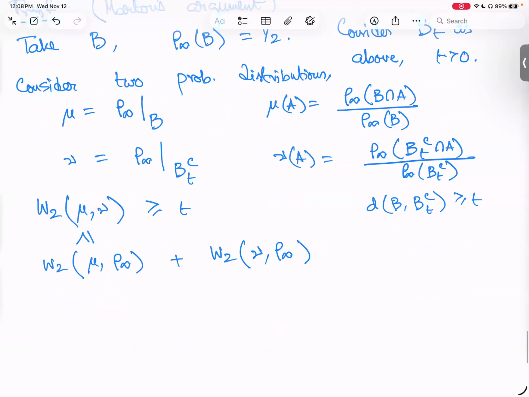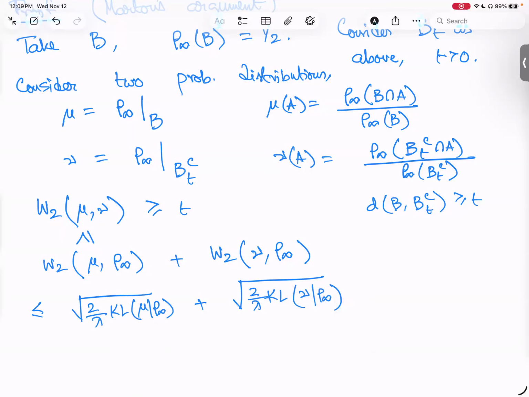And therefore, by the fact that rho infinity satisfies the T2 inequality, this is less than or equal to square root of 2 over lambda, Kullback-Leibler of mu from rho infinity, plus square root of 2 over lambda, Kullback-Leibler of nu from rho infinity. Because rho infinity satisfies T2 lambda, this is where I'm using this.